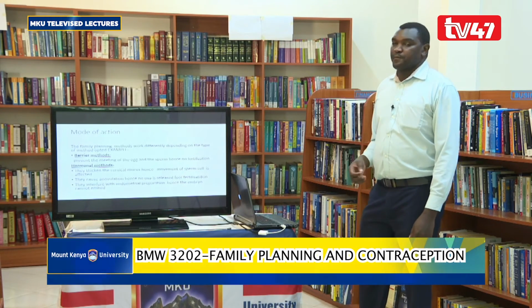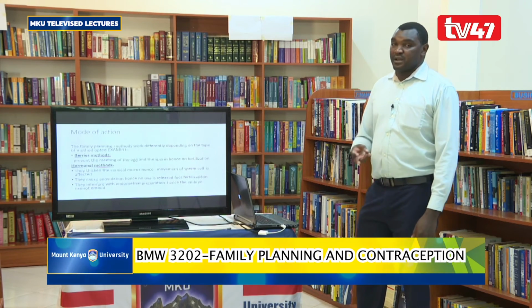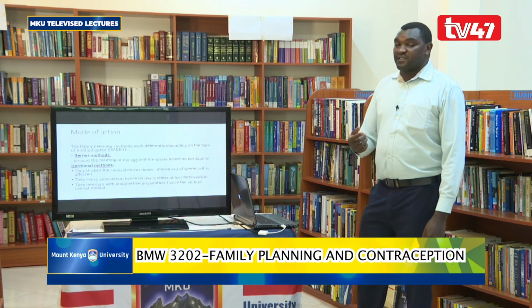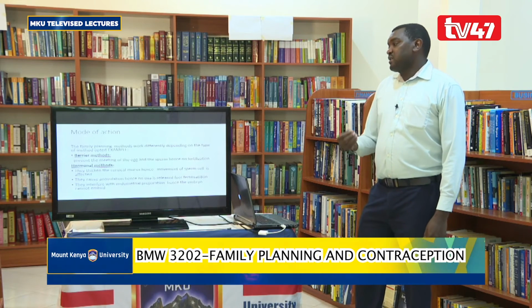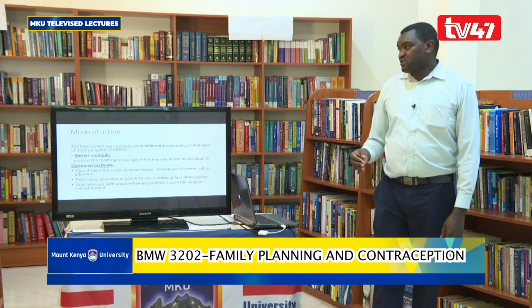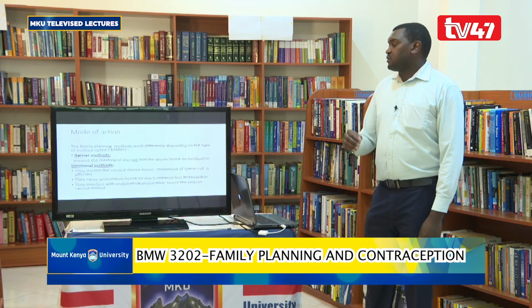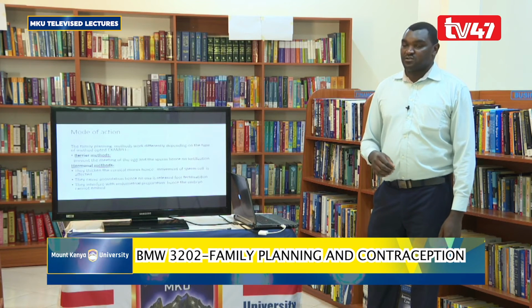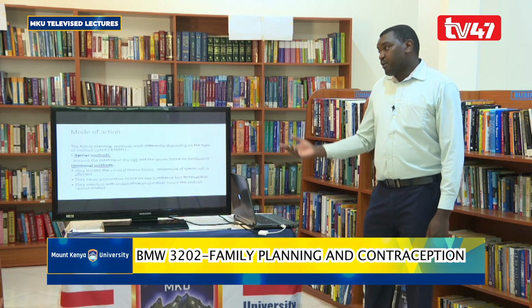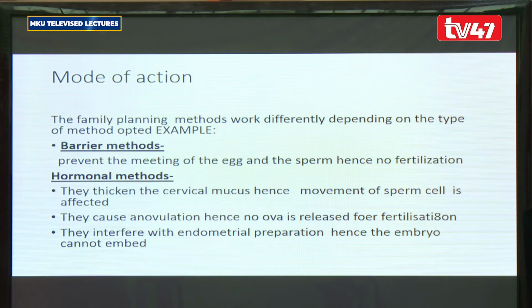For example, barrier methods. Examples of barrier methods are male and female condoms and cervical caps. Their main way of preventing fertilization is by preventing the egg and the sperm from meeting, hence no fertilization will occur. Hormonal methods weaken the cervical mucus, hence the movement of sperm cells is affected.